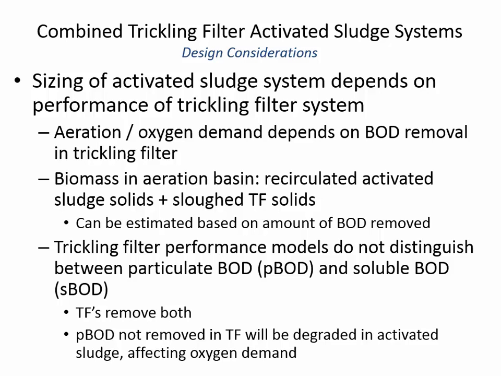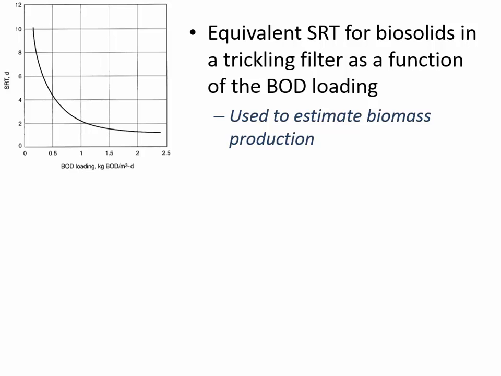Trickling filters can remove the particulate BOD because it's spending longer on the surface of the slime layer. And so that's another benefit of having the combination of the upstream trickling filter and the downstream activated sludge.